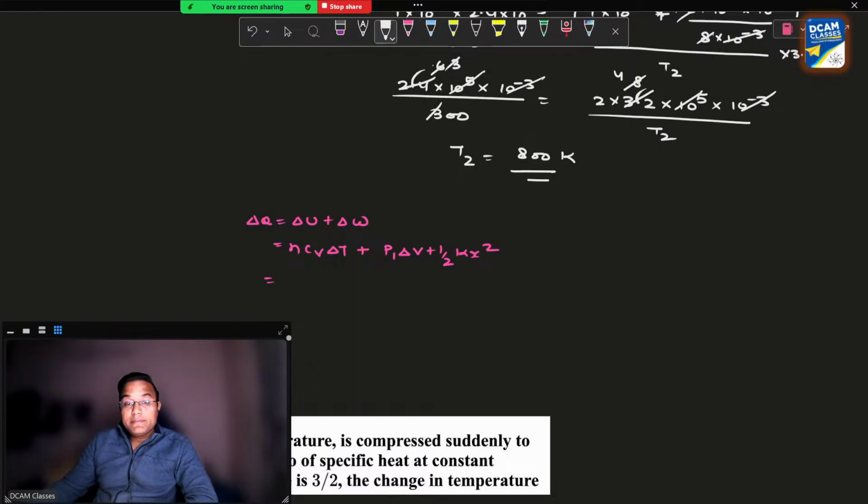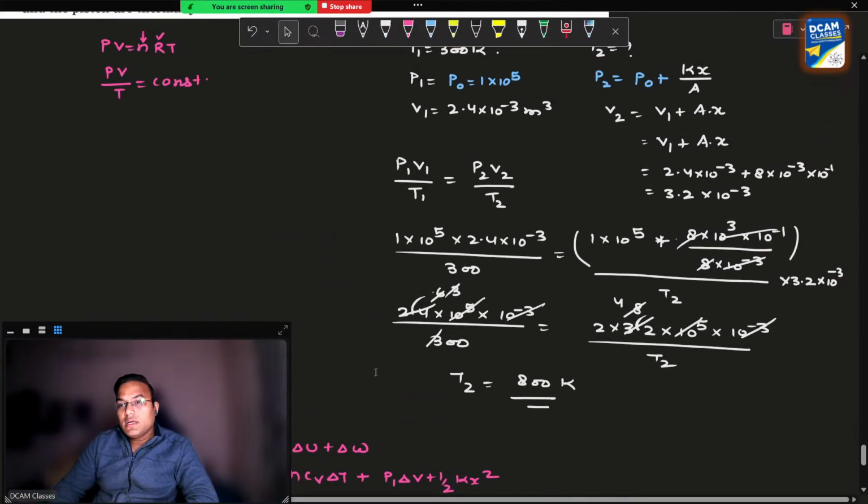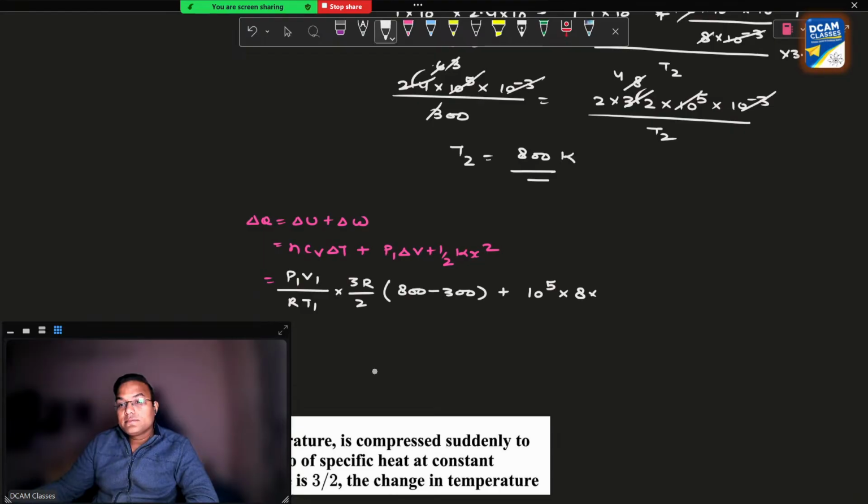I will get n as P1 V1 by R T1. Cv is, it is a monatomic gas, I think, 3R by 2, times 800 minus 300 Kelvin, plus initial pressure was 1 into 10 power 5, volume difference is area, which was 8 into 10 power minus 3, into 10 power minus 1, plus half into 8,000 into 10 power minus 2.